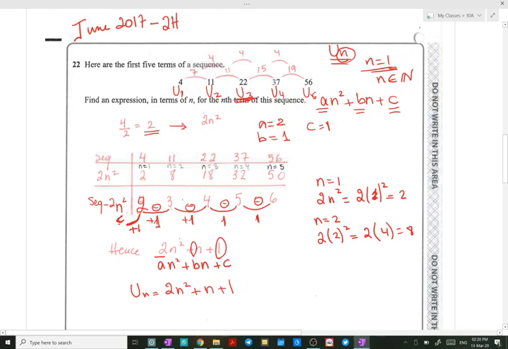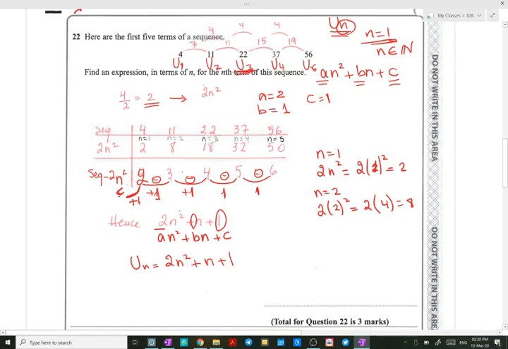What does this actually represent? Let me explain. When n is 1, u1 is the first term, so it's 2 times 1 squared plus 1 plus 1, which is 4, the same as the first term we were given.